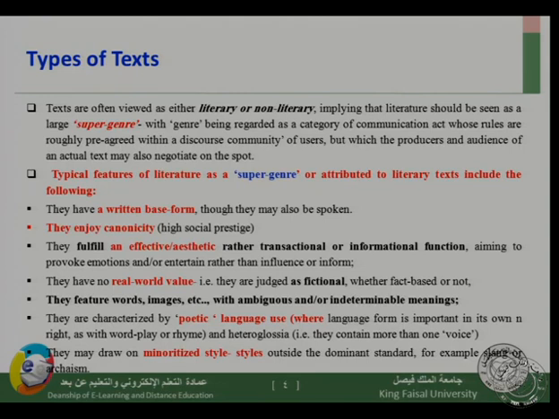Literary texts are also characterized by poetic language use. You can see that in literature, the text has some kind of poetic language, so the form of the language is very important. You need to be aware of this. Another point you need to be aware of is style.